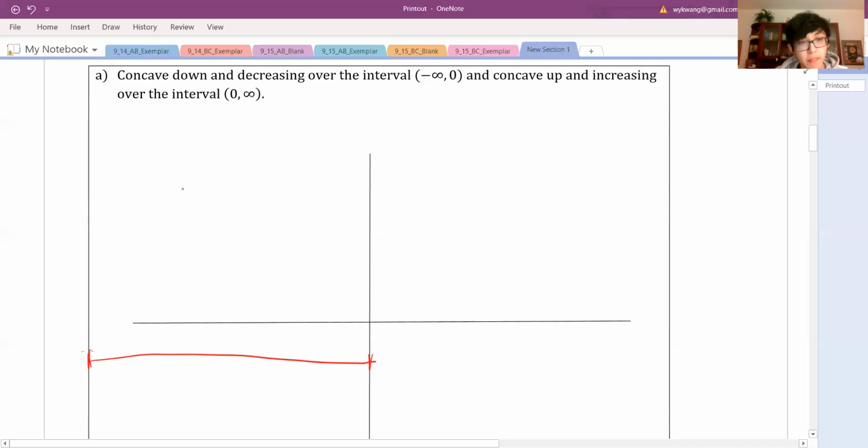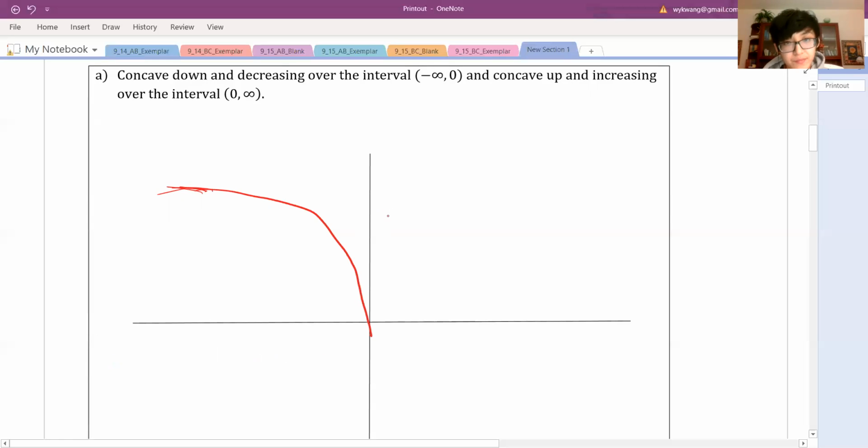Notice it's still concave down, because our slope, like that, and then go to the right a bit, and it's decreasing. The slope is decreasing. And also the overall function is just going down. So we can just draw our function like this. Sorry, I'm not very good at drawing, but from negative infinity to 0, it is decreasing and concave down. Cool.